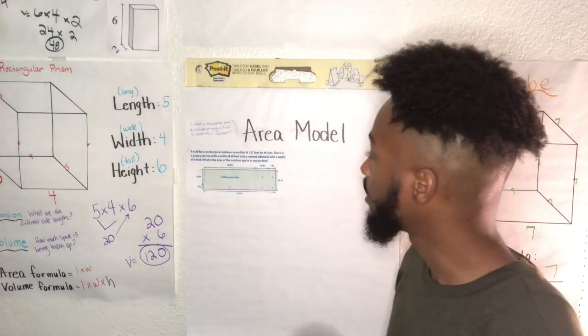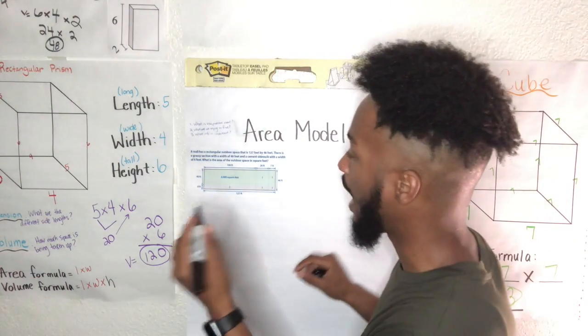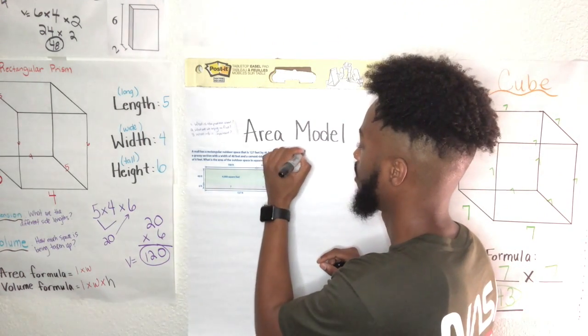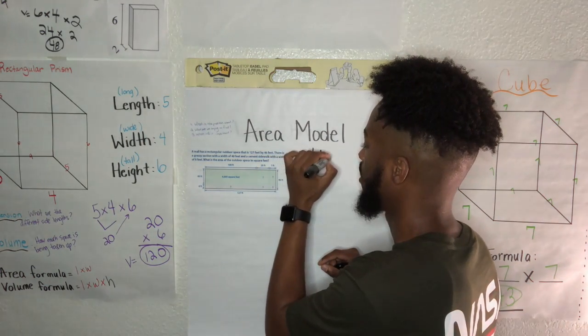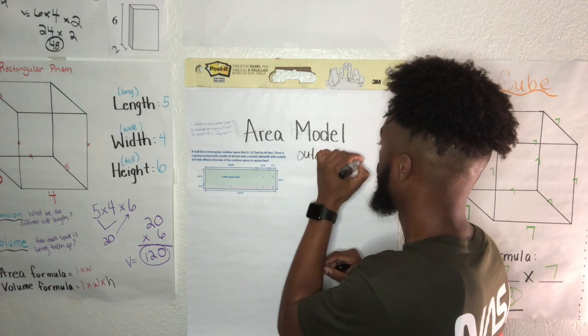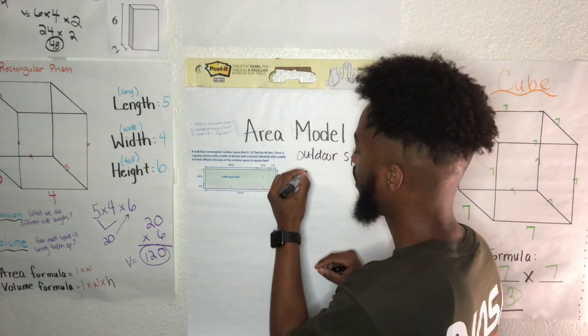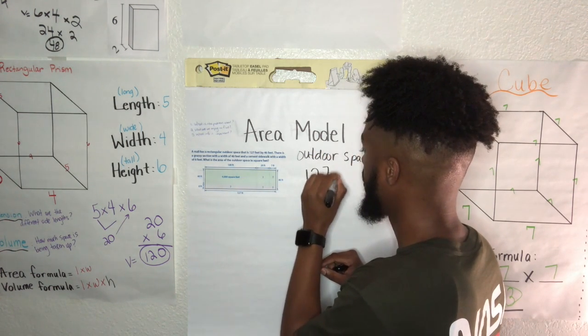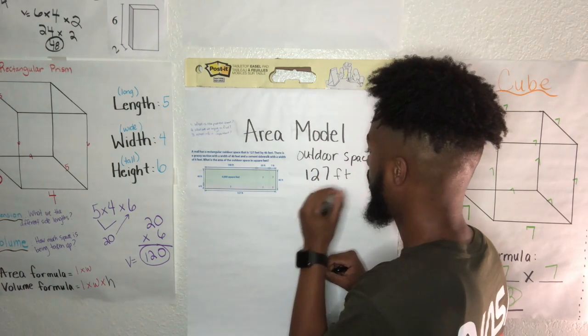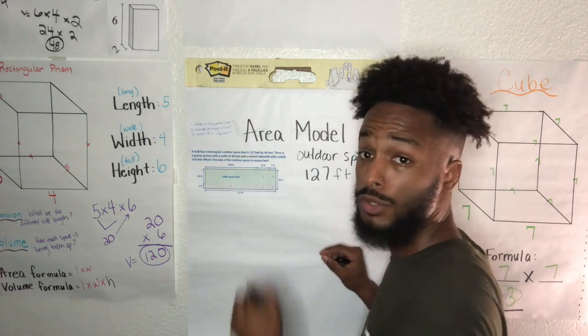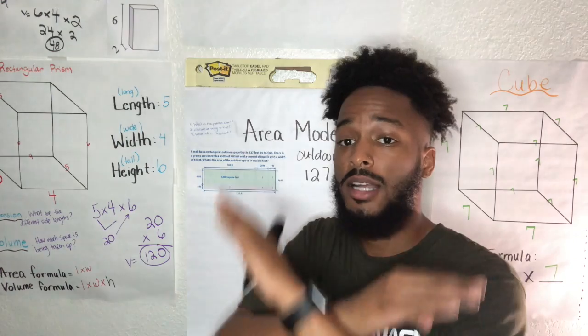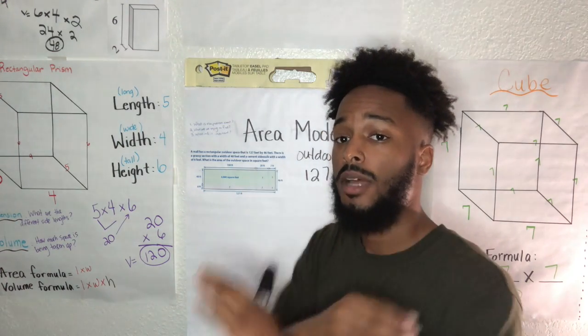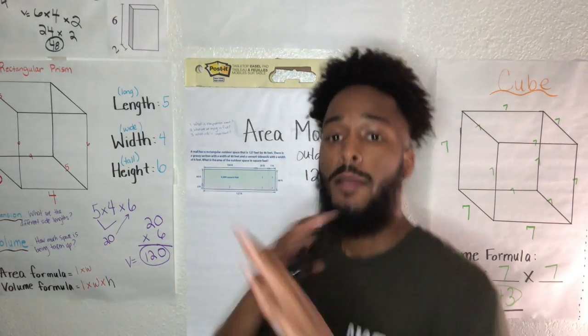So they gave us a couple of measurements. They said that the outdoor space is 127 feet by 46. When you hear by, that means to multiply, guys. By, multiply. By, multiply.